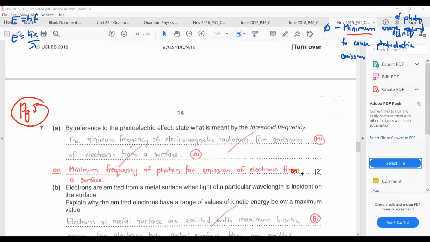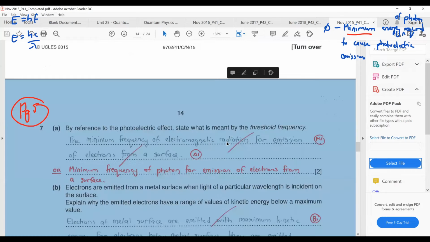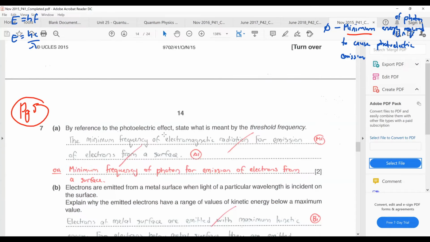If you just say minimum frequency required for photoelectric emission, that is pretty short. I think you won't probably get any marks for that, because this is M1A1. You have to specifically say that it is the minimum frequency of EM radiation. This is important. You cannot just say minimum frequency to cause photoelectric emission. That one won't give you any mark.